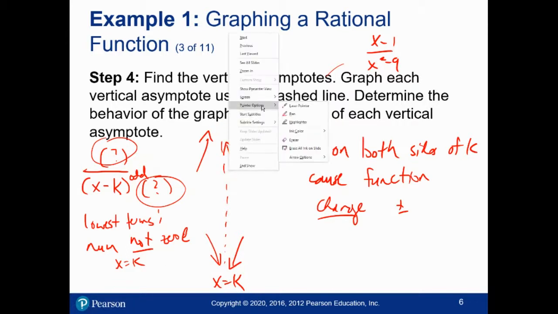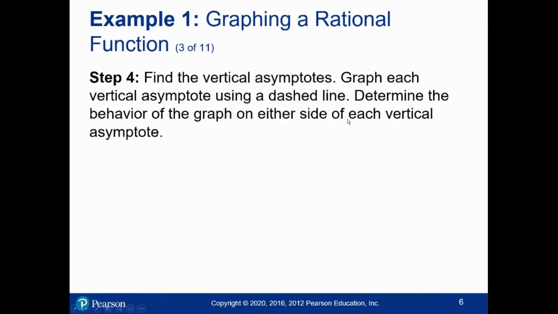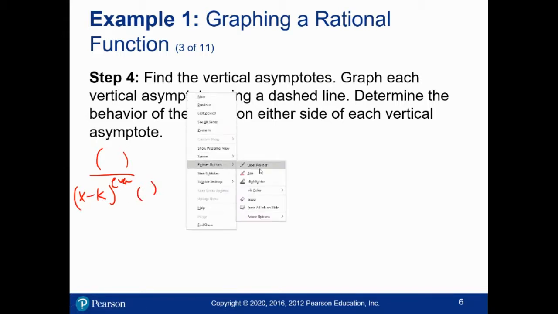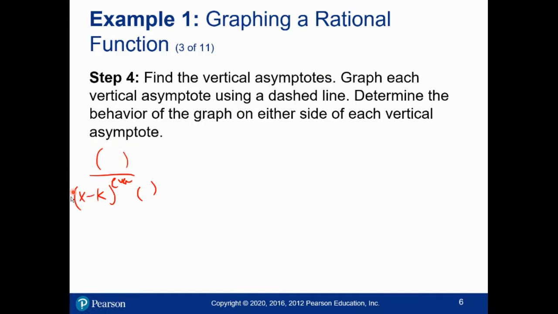Conversely, if you have something over x minus k to an even power, an even multiplicity root, then if x is very close to k, x minus k might be positive or negative, but to an even power, it's positive on both sides.